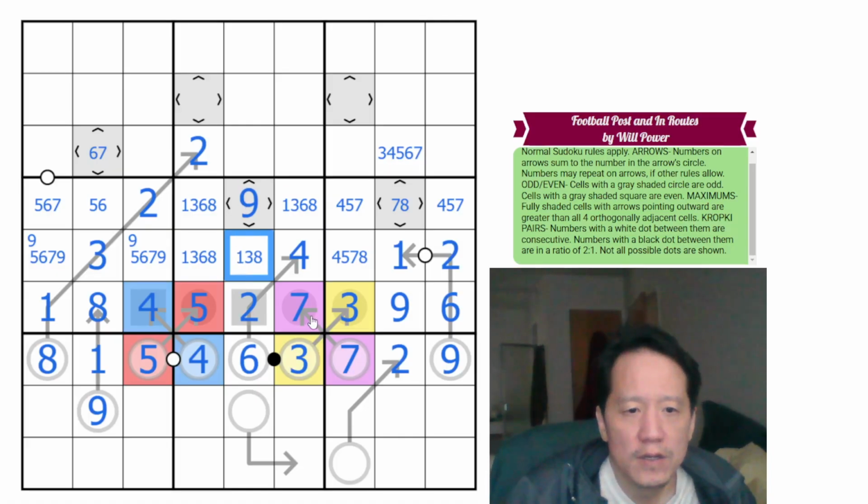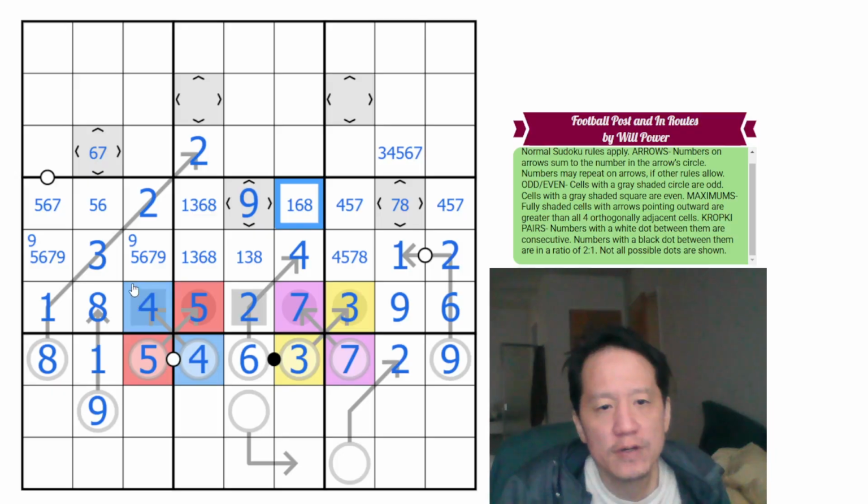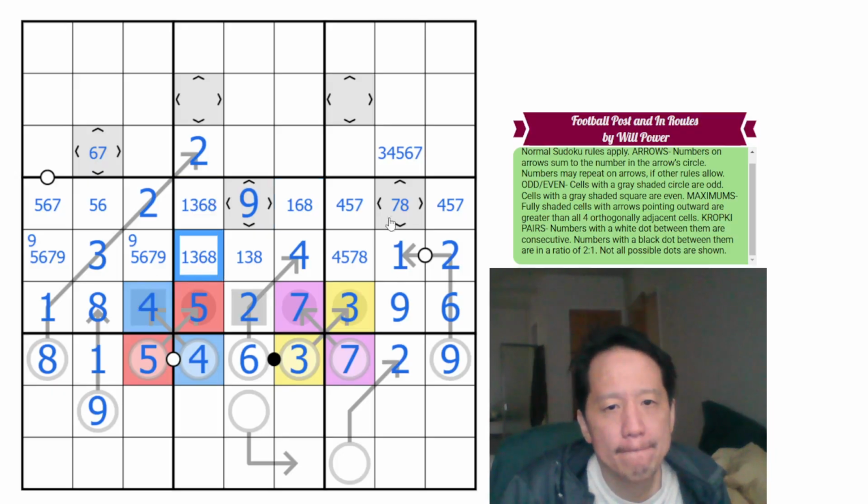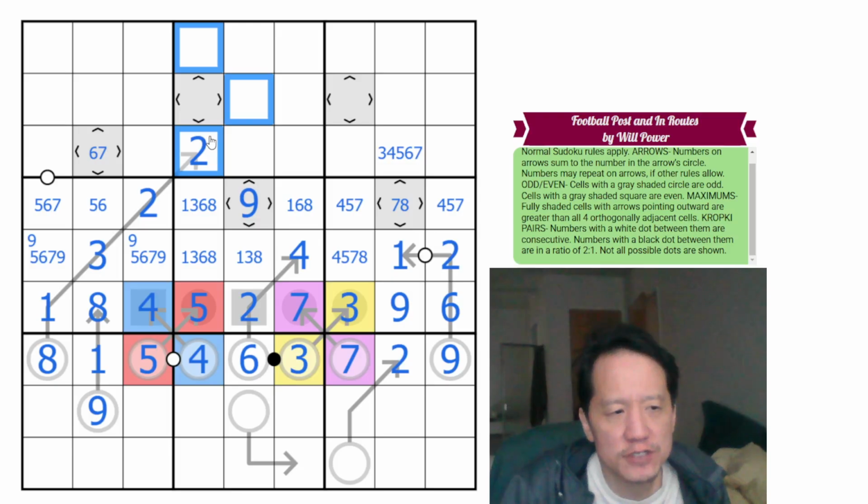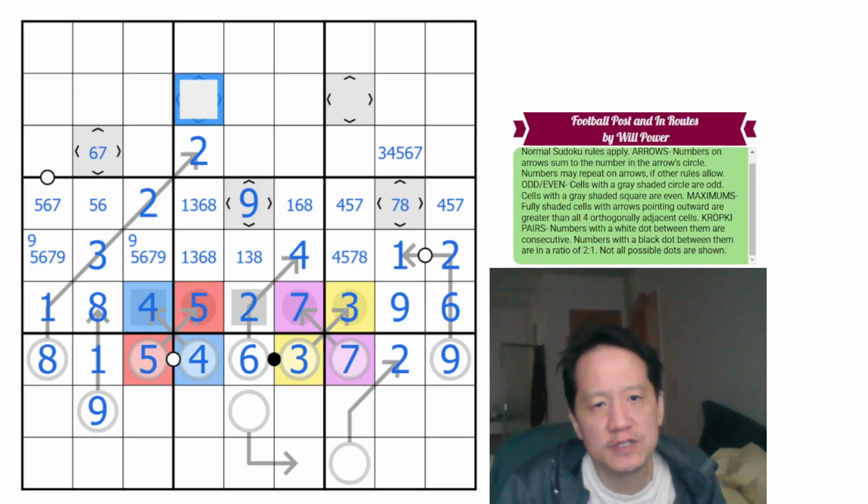Okay. What else do we have? This can't be 3. This must be greater than at least 3 other digits that are unique. And it cannot be 4 or 5, so this must be 6 through 9.